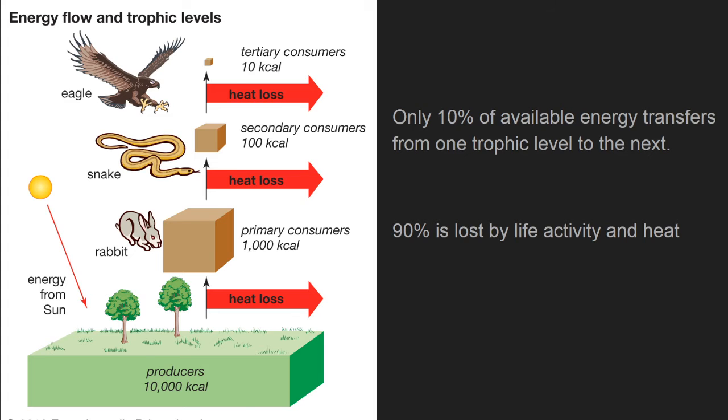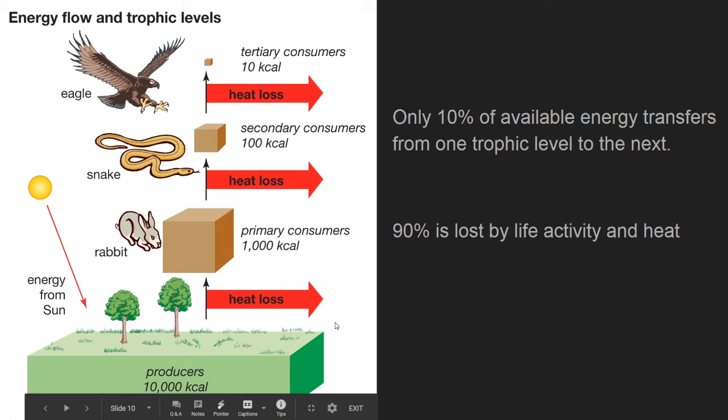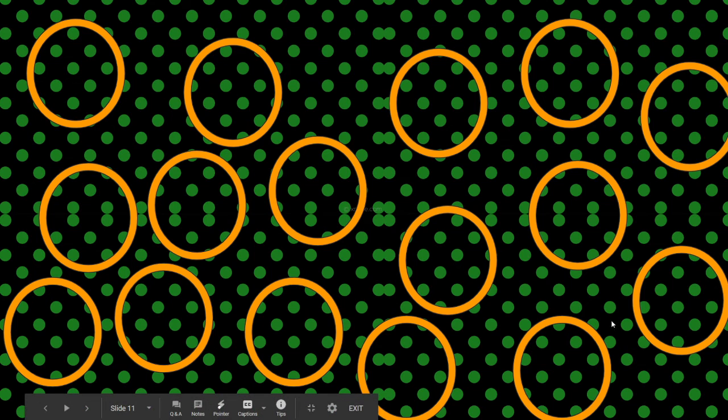Now, if you follow this line of reasoning and you accept population numbers and the amount of energy available, we can start to understand territory. Now, I know that this is probably making your eyes start to bend together, but let's take a look. All of these green things are separate producers. All right, different plants, grass. These orange circles represent the herbivores. Now, they all need a little bit of space. They all need enough food encircled in their territory in order to have enough energy to survive.